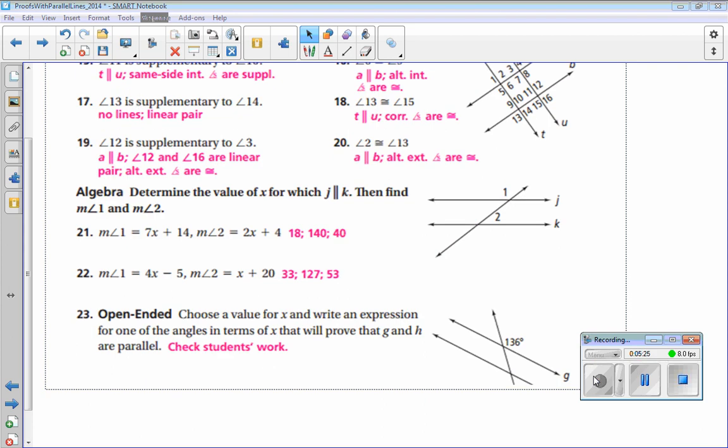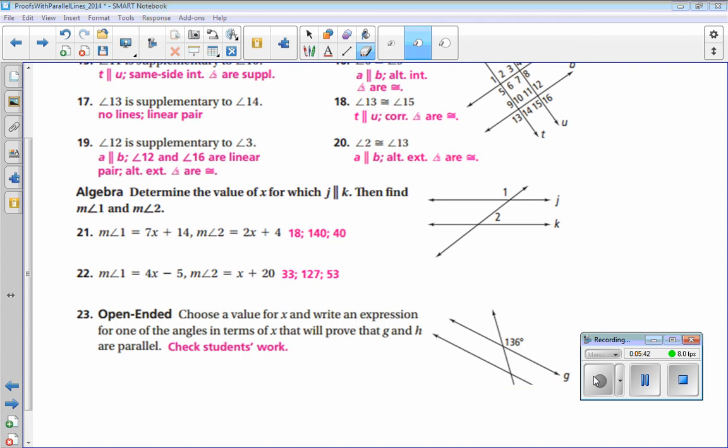Let's look at the possible answers that you guys came up with for G. So it says write an expression and choose one for one of the angles in terms of x that will prove that G and H are parallel. So pick one of the angles. So for example, if I wanted to use this particular angle, like right here, what kind of angles are those two?